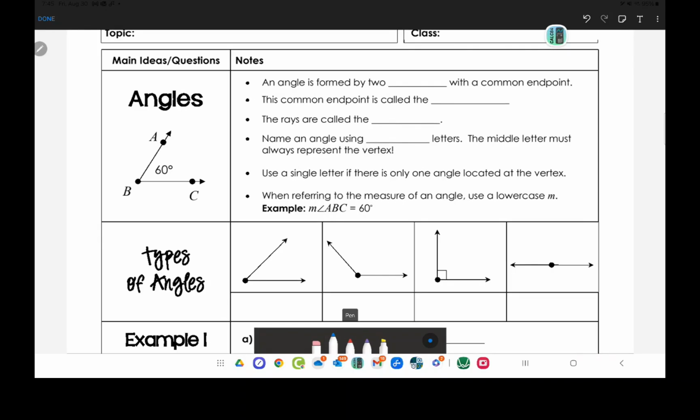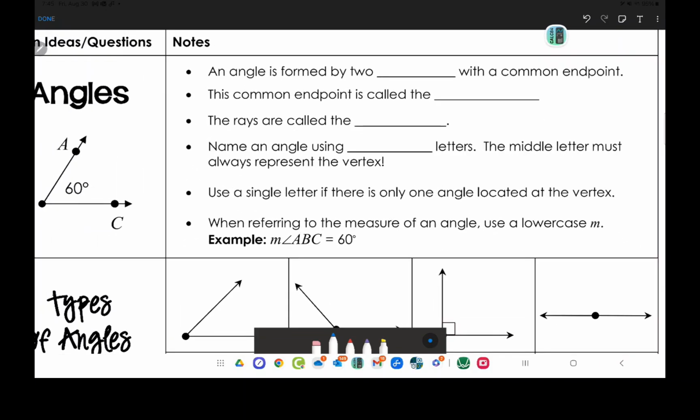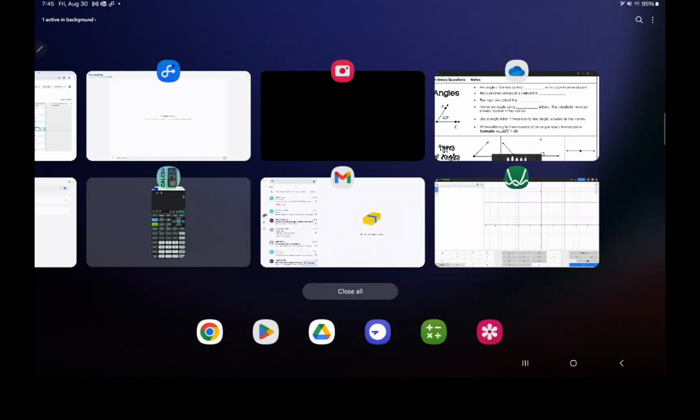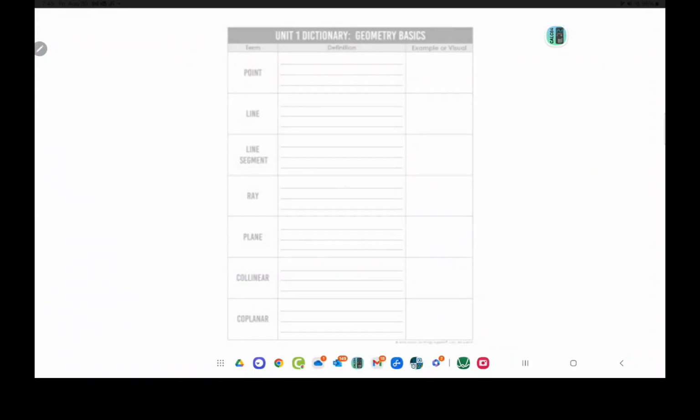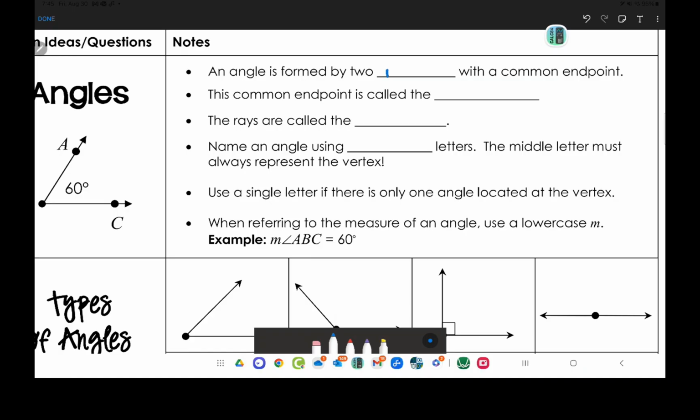An angle is formed by two rays that have a common endpoint. The common endpoint is called the vertex.